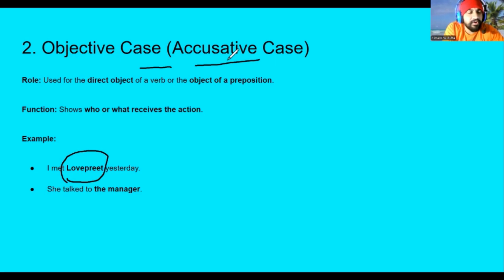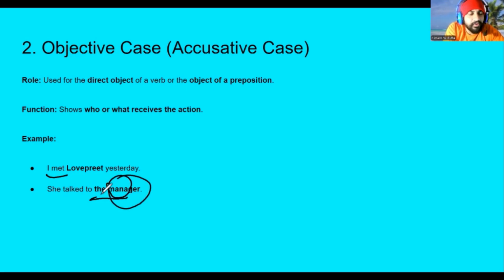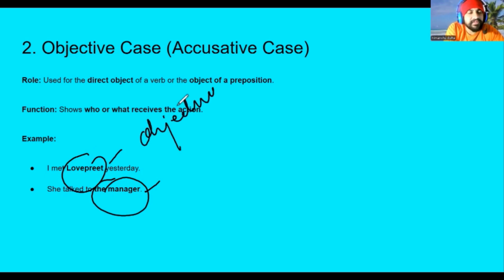Take the sentence: I met Lovepreet yesterday. I met who? Lovepreet. Or: She talked to the manager. She talked to which person? The manager. Manager is a noun used in the object's place, so we can remember that it is the objective case. Very easy to understand. Subjective, objective, it all depends upon the place of the word in the sentence.